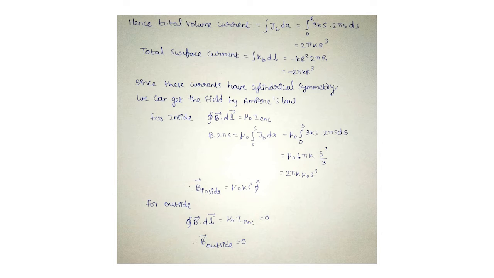The formula is that 2 pi s ds, we can find the answer as 2 pi k R cubed. And for the total surface current we can get the integral of K_b dl. We can write it as minus k R squared times 2 pi R, which is nothing but the circumference of the cylinder. By multiplication we get minus 2 pi k R cubed.